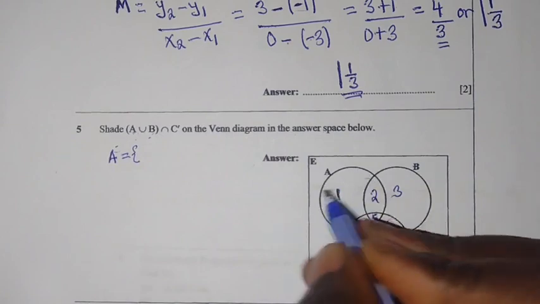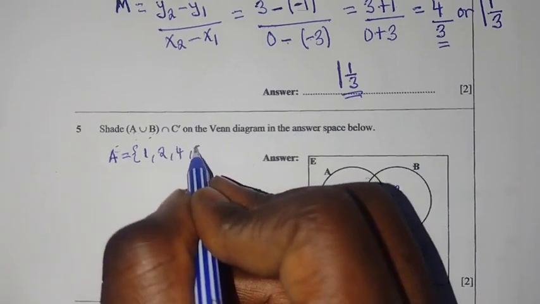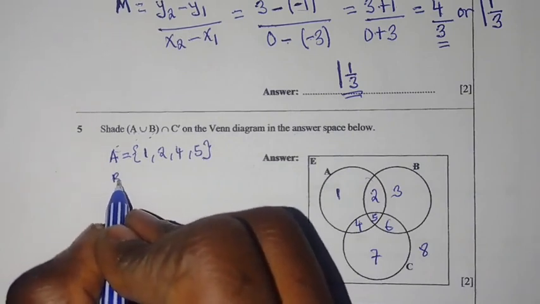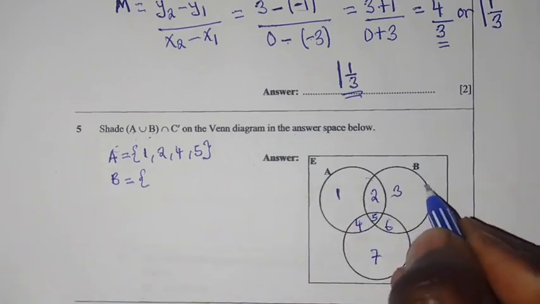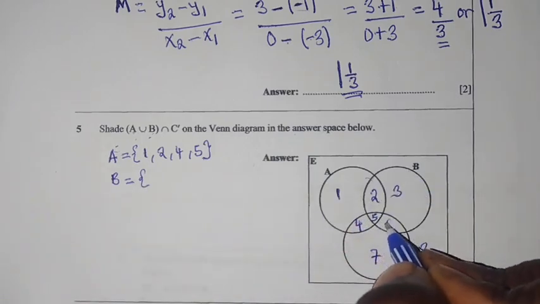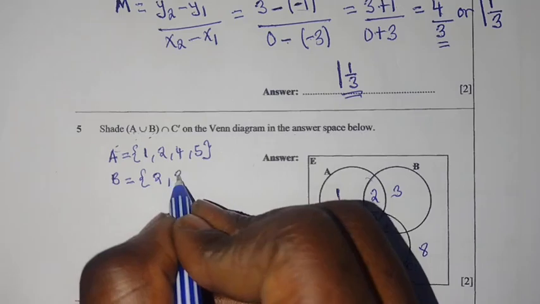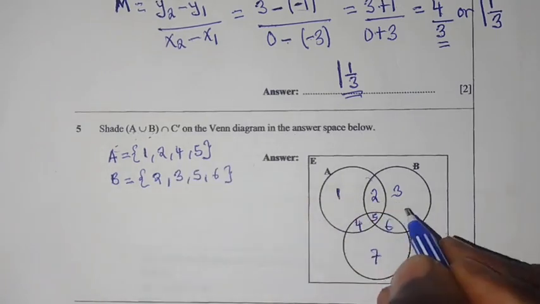This is set A. Then for B, this is our set B right here: 2, 3, 5, 6.